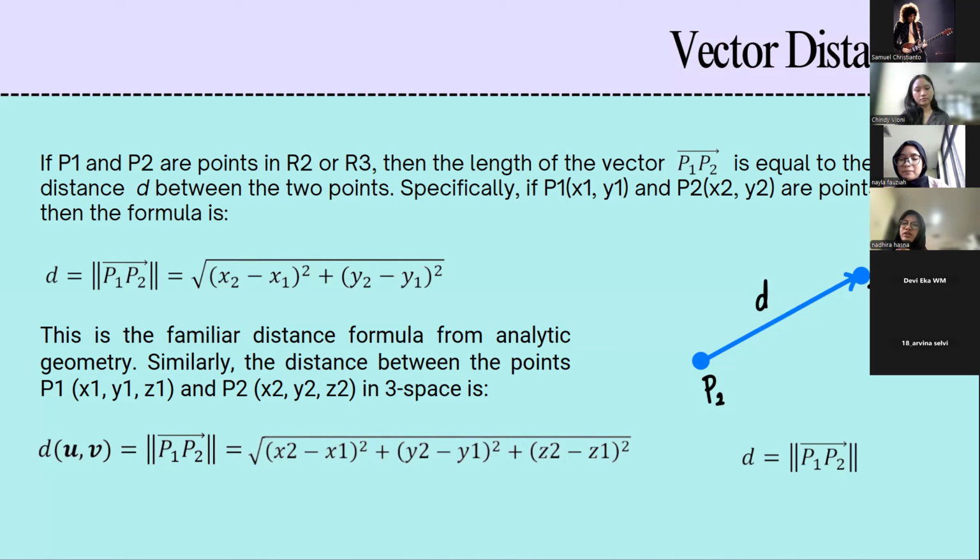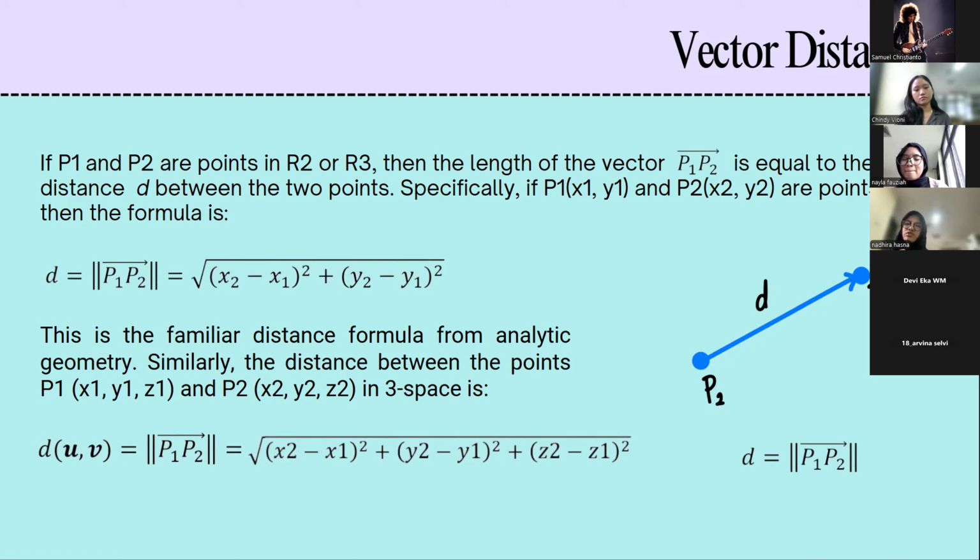Specifically, if P1 is x1, y1 and P2 is x2, y2 are points in two spaces, then the distance d equals the length of the vector P1 P2, which equals the square root of the sum of x2 minus x1 squared plus y2 minus y1 squared. This is the familiar distance formula from analytic geometry.